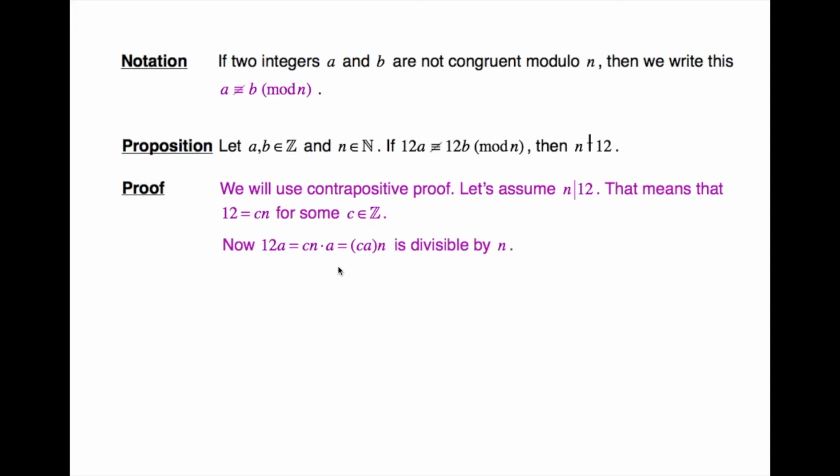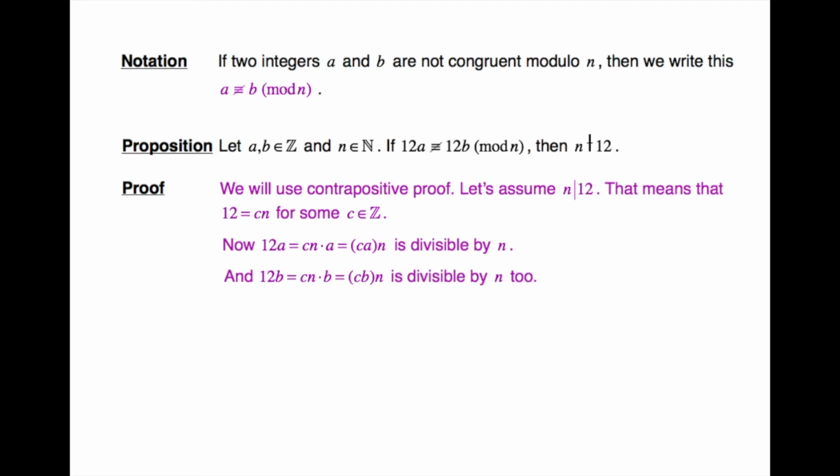It's kind of interesting here because we're going to look at 12a and we're going to substitute 12. 12 is c times n, and this allows us to write that 12a is a multiple of n, or 12a is divisible by n.